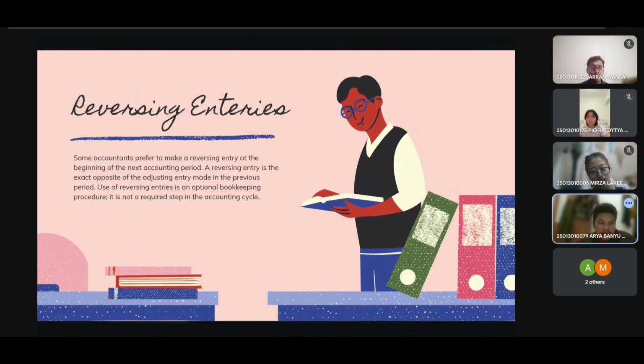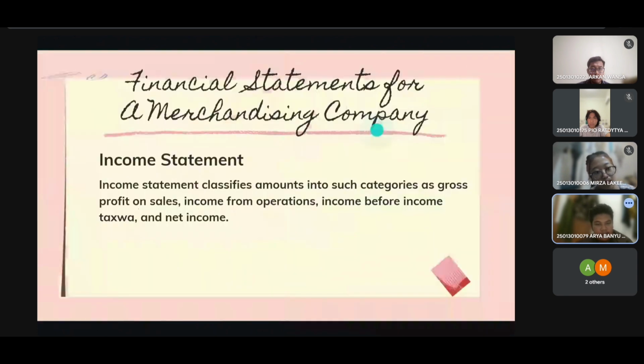The reversing entry is the exact opposite of the adjusting entry made in the previous period. It's optional, but mostly they use it to make sure the journalizing in the previous period is correct.